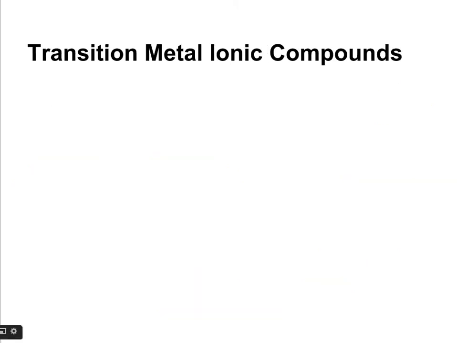Some transition metals have more than one possible charge, and we change the way those names are written to indicate what that charge is. Copper can have a charge of +1 or +2.